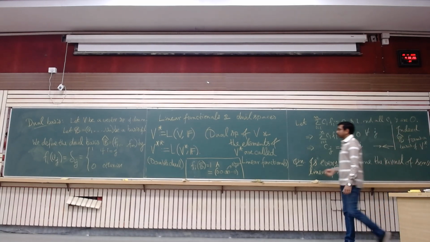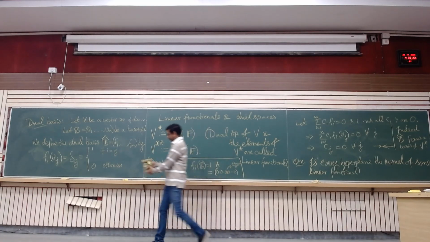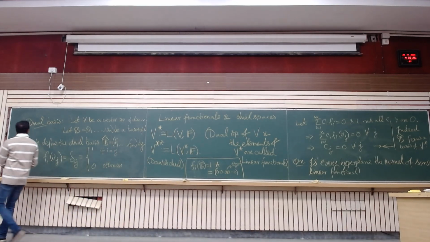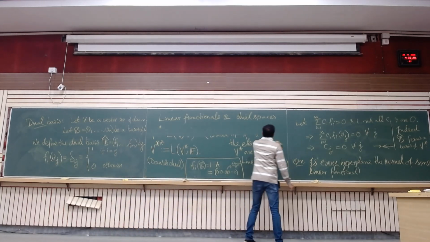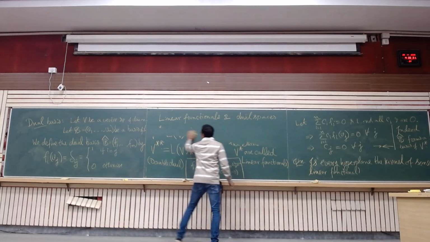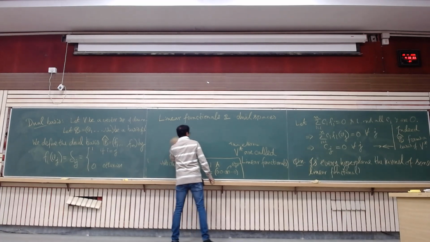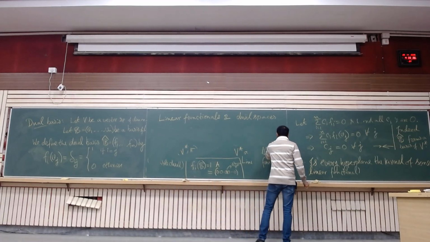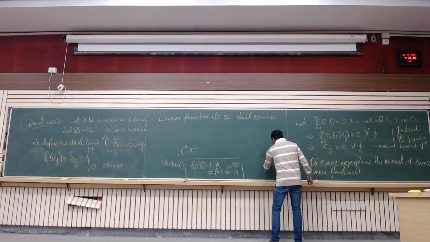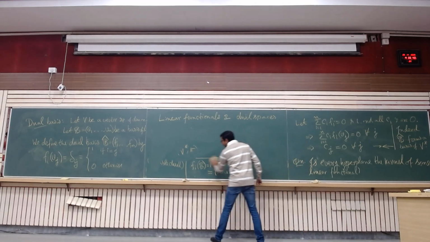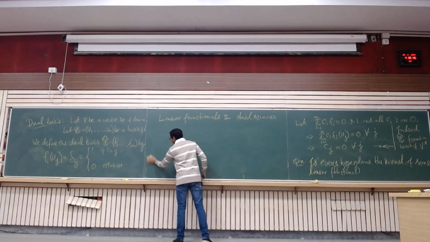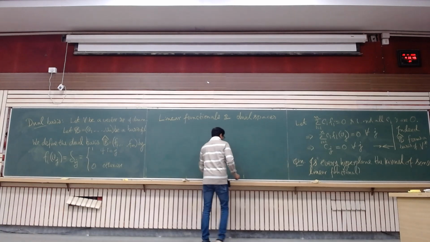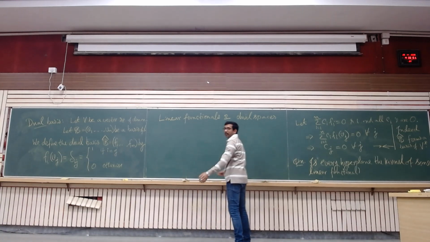Okay. So how should we begin? What is the dimension of the hyperplane? Suppose W is a hyperplane. The dimension of W is n minus 1. So if you take a basis of W, that will have n minus 1 elements, right?